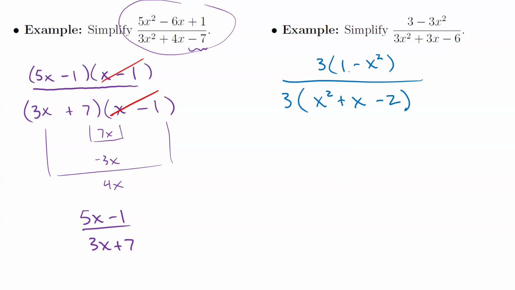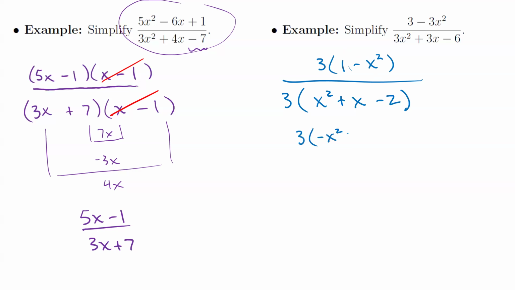Now, you have a couple of options here. One is you could just factor both the top and the bottom as you see them. But another option is, if you're going to factor the top here, a lot of times it's nice to have the x squared term be positive. So if you wanted to pull a -1 out of the top right away, that would be okay to do.